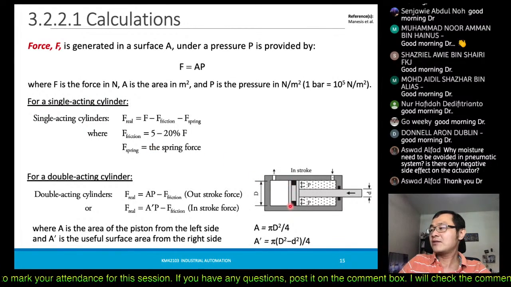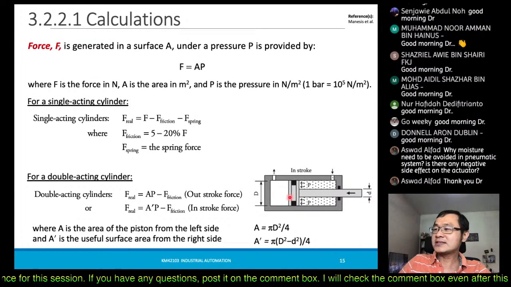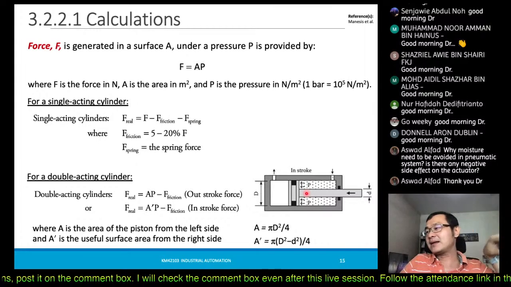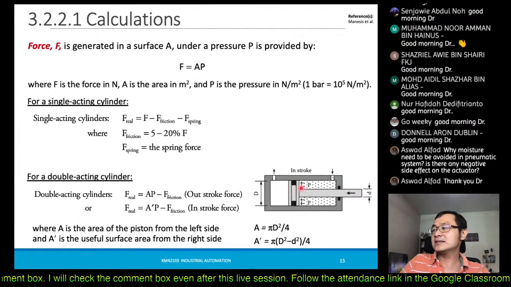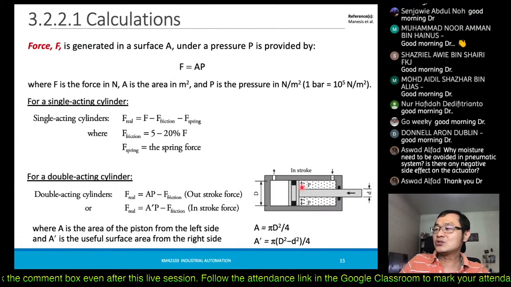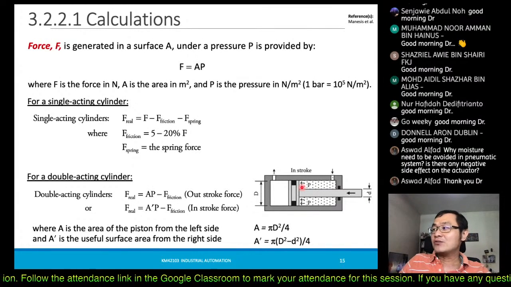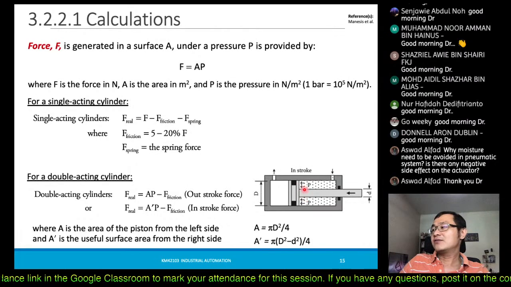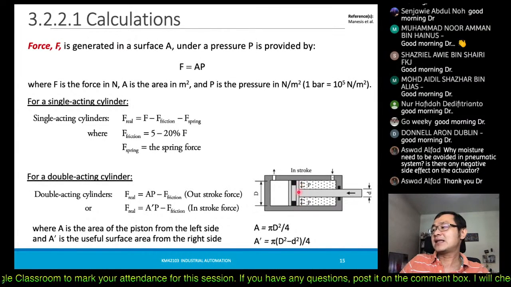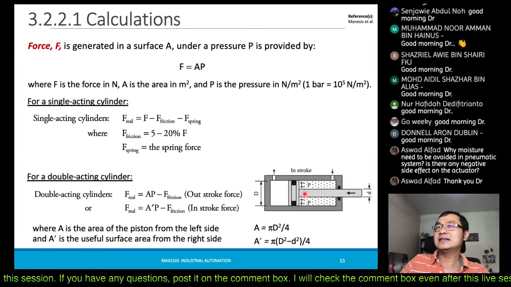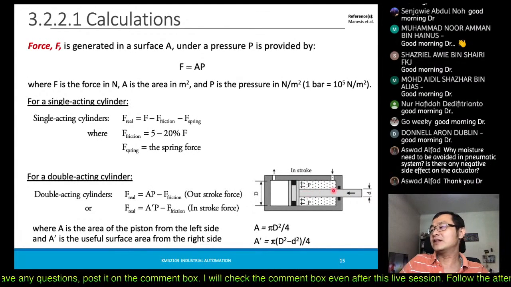For a single acting cylinder it is very straightforward. The area is only on one side, but for a double acting cylinder, for the retracting part of the cylinder you have a slightly lower force, I would say, because of the reduced area. You can see the acting area is reduced due to the diameter of the rod itself.